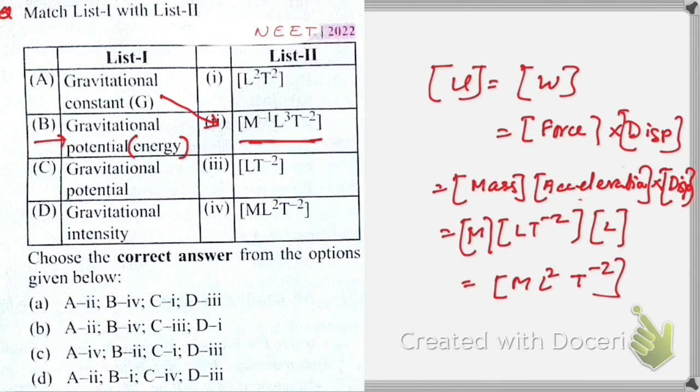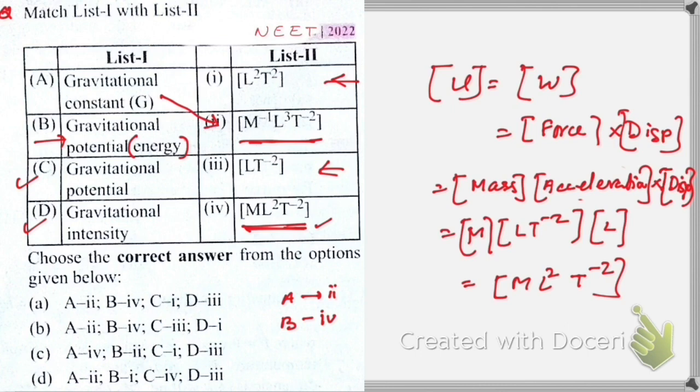So we have got A matches with 2, then for B, its dimensional formula is 4, B matches 4. Now let us check these two quantities. Only two options are left, this one and this one. If we check only one, that's enough, because the last one will be clear from the picture.